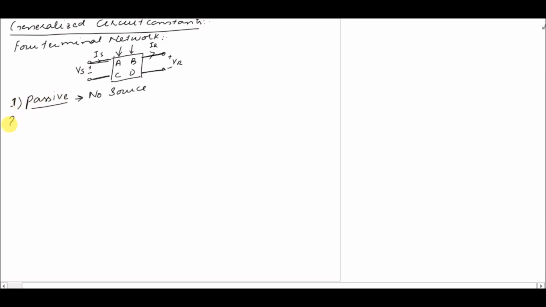Then the second property is linearity. It should be linear, meaning the impedance of the transmission line should be independent of current. The frequency in the power system is the same, either 50 Hz or 60 Hz, and it is constant for a certain power system.